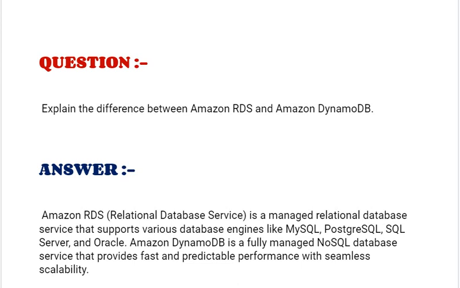Your answer should be Amazon RDS, that is Relational Database Service, is a managed relational database service that supports various database engines like MySQL, PostgreSQL, SQL Server, and Oracle. Amazon DynamoDB is a fully managed NoSQL database service that provides fast and predictable performance with seamless scalability.